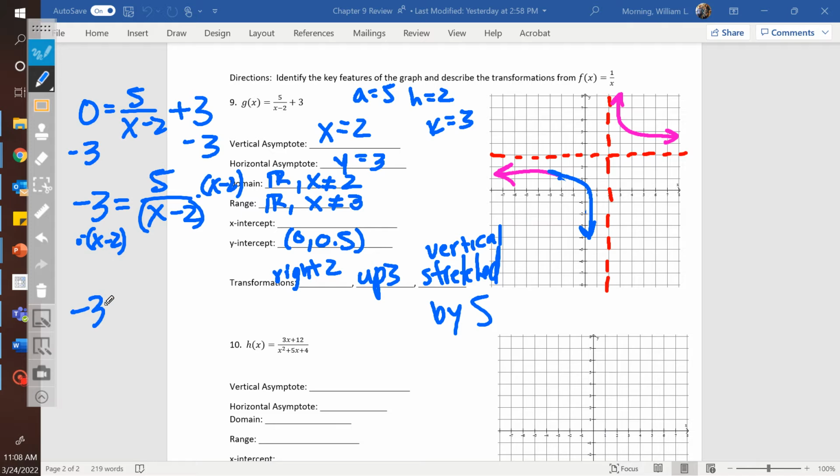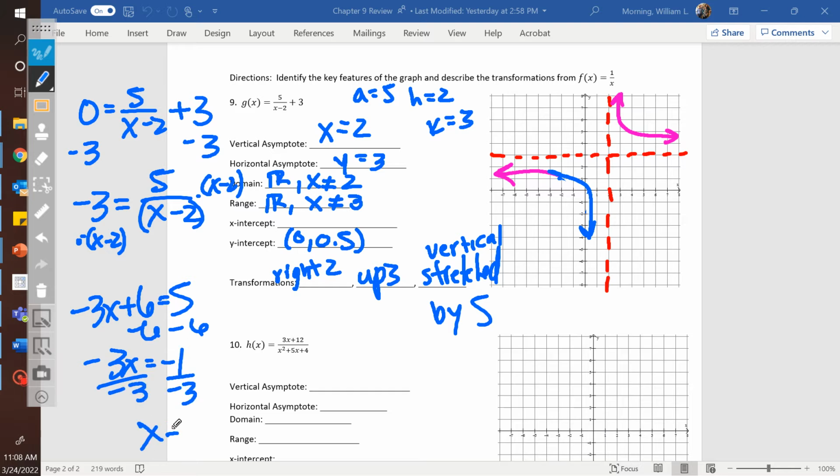So I get negative 3x plus 6 equals 5. And I can solve this for x here. So negative 3x equals negative 1, and x is equal to 1/3. So the x-intercept is 1/3, or 0.3, comma 0.